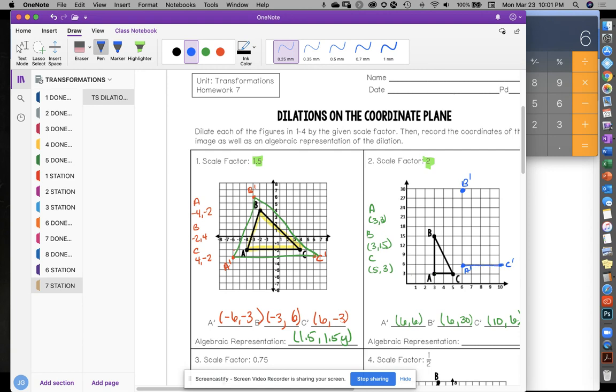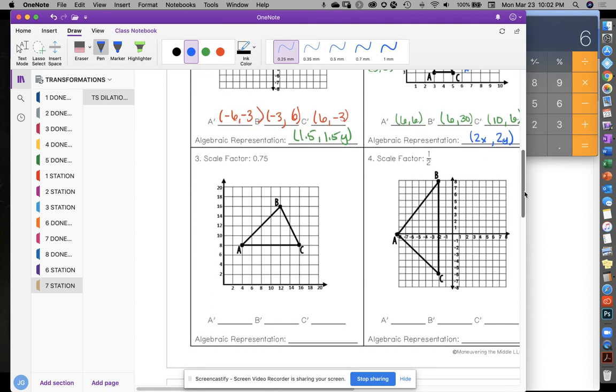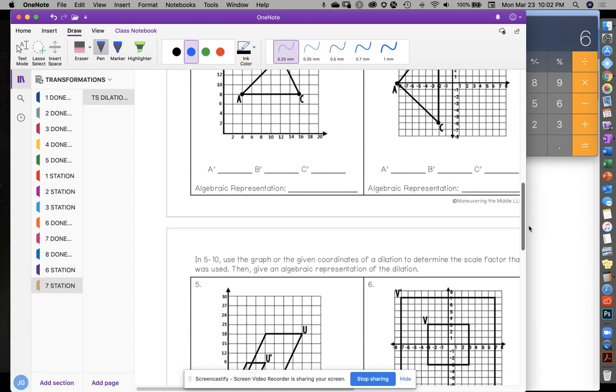All right, grab your straight edge, connect all those up. And there you go. So what did I do algebraically? I increased my x by 2 and my y by 2. I'm going to let you try 3 and 4.